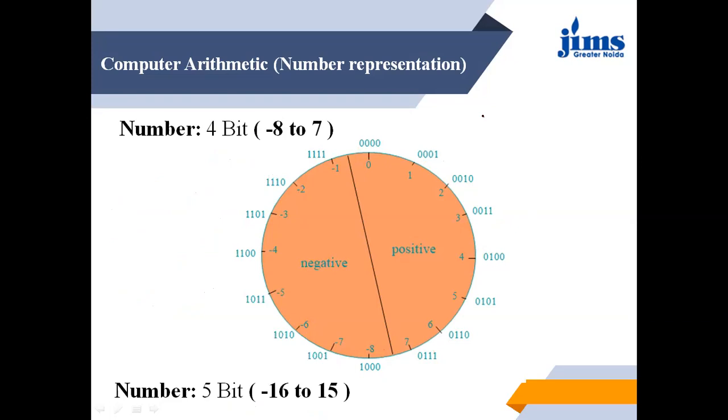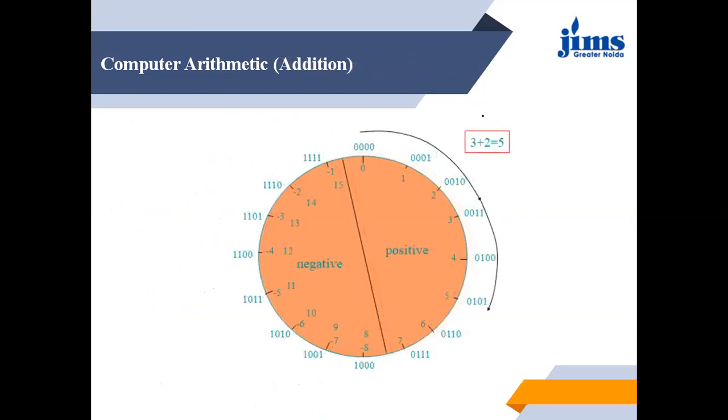arithmetic operations. So first we will see addition, what happens when we have to add two numbers. First, we are keeping the constraint of 3 bits to understand things easily.